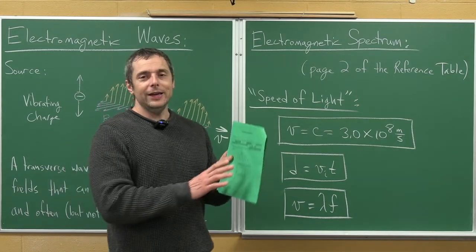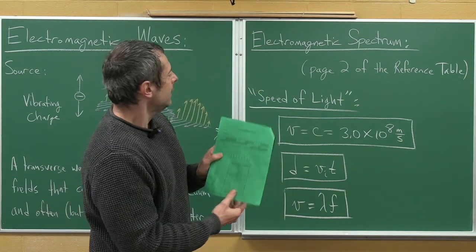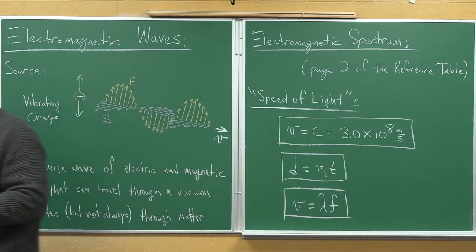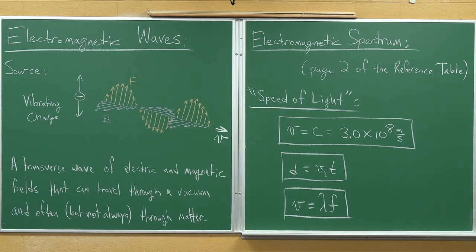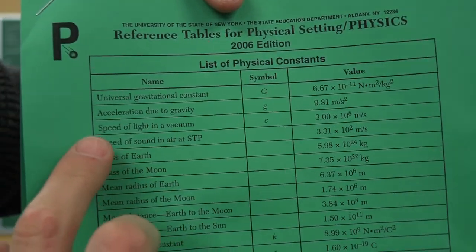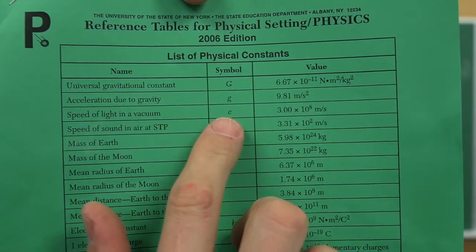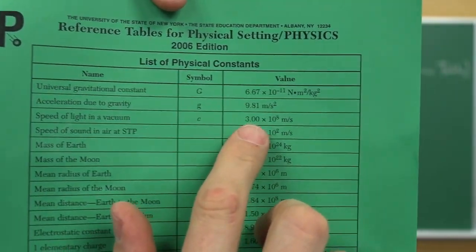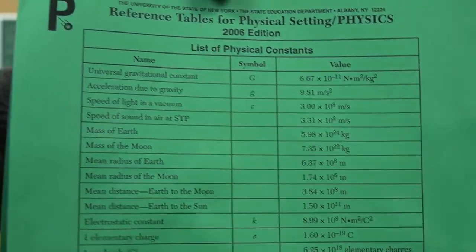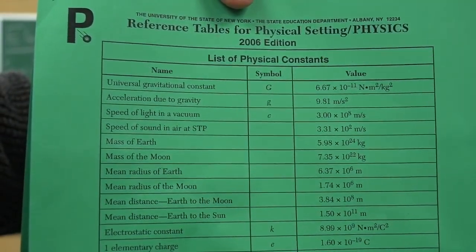Even though light is just one of the many, you find the speed of all these waves on the reference table, front cover. We already saw this in the gravity unit, but near the top, speed of light in a vacuum has its own symbol, c, and it's approximately 3 times 10 to the 8th. It's a little bit less than that, but this is close enough for our significant figures in our usage.